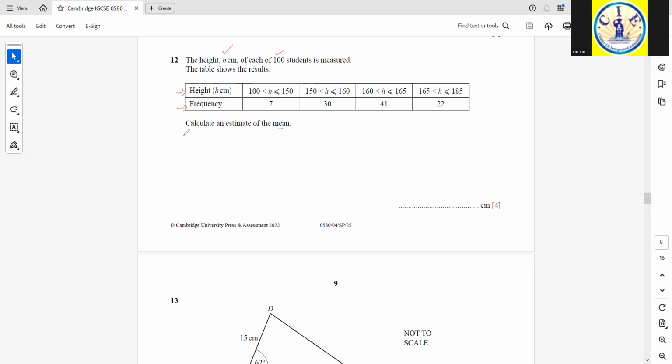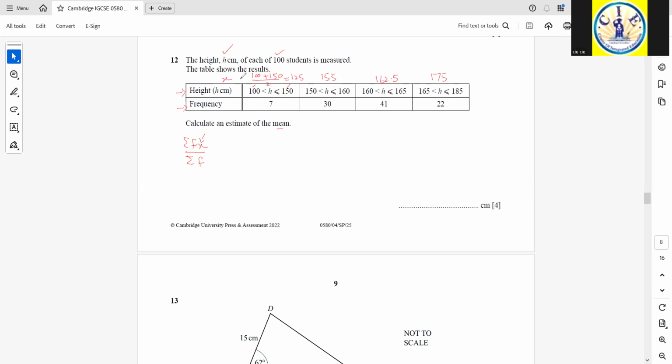We know that the formula for the mean is sigma fx divided by sigma f, where x is the mid value of each class. So let's calculate first of all the mid values. The middle of 100 and 150 is 100 plus 150 divided by 2, that is 125. Similarly, this value is 155, this is 162.5, and this is 175.